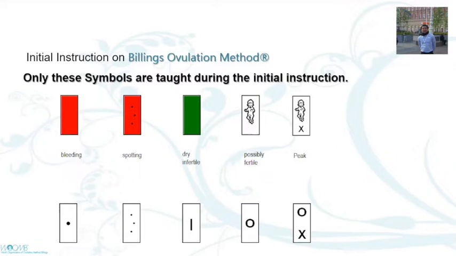Then, if there is a peak day, I assume that all of you are already familiar with the term peak day. Peak day is the last day of the slippery sensation. Take note, peak day is not the last day of mucus. It is the last day of the slippery sensation. If mucus ends with a slippery sensation, we can only mark it with an X if the next day you are already dry.